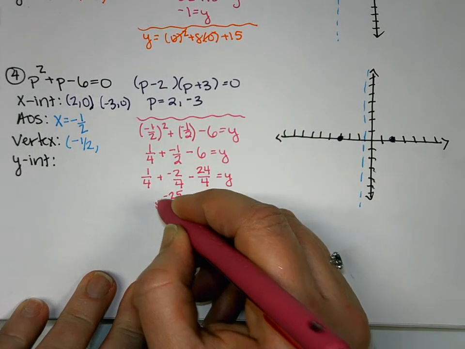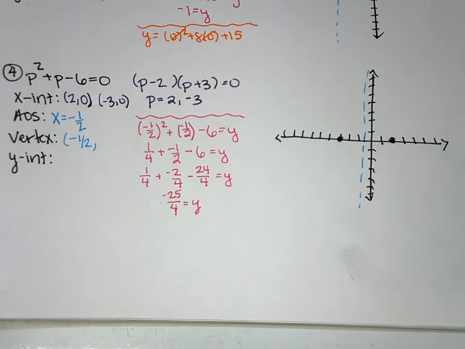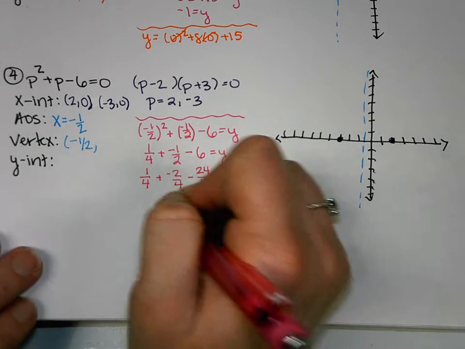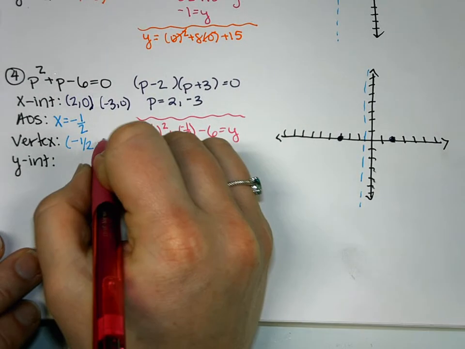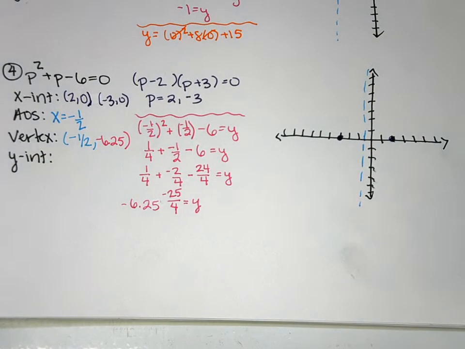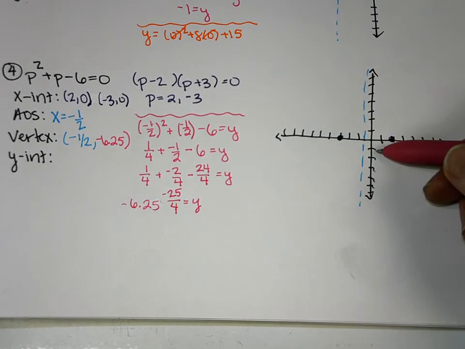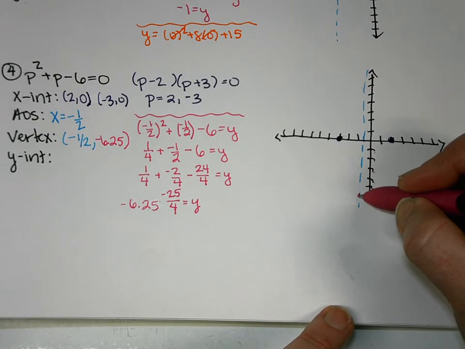What is negative 25/4 in decimal form? 6.25. So we can also write this as negative 6.25, because that's sometimes a little easier to graph than fractions if fractions aren't your thing. So if I go down 1, 2, 3, 4, 5, 6, and then a little more, we have the vertex.